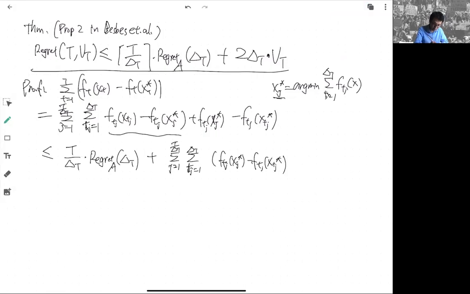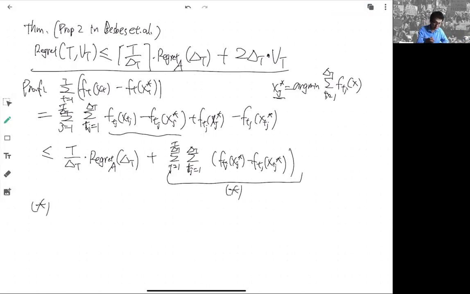Star. Right. It takes a few steps, but let's see. Let's call this star.